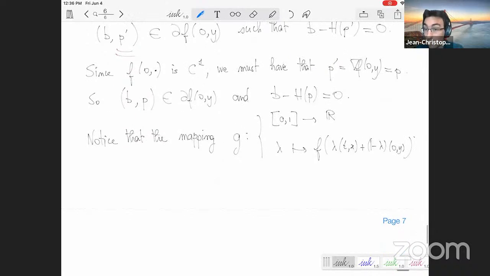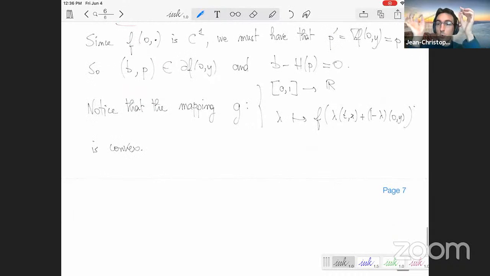This mapping is convex. Now I'm just going to compute the derivatives of this mapping at 0 and at 1. Because it's convex, the derivative at 1 is larger than the derivative at 0, and this will give me the result. For those who are wondering when this will be over, very soon.